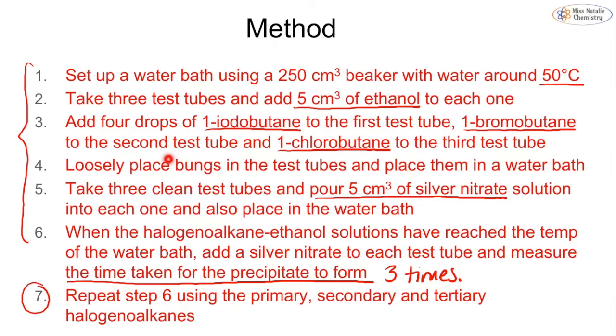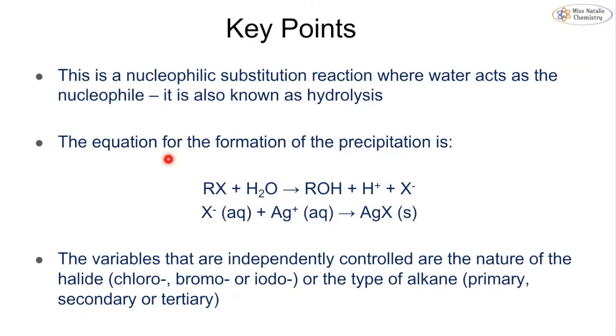So this is a fairly simple experiment in terms of how we actually carry it out. Now, this is a nucleophilic substitution reaction, and typically the water would be acting as a nucleophile, and we call it hydrolysis. Because we want to make sure that we have a good mixing of our products, we use ethanol instead of water, so we make it an ethanolic solution instead of aqueous.